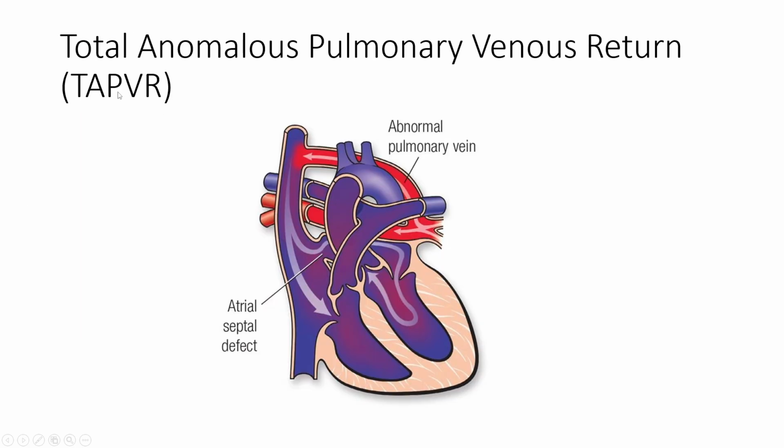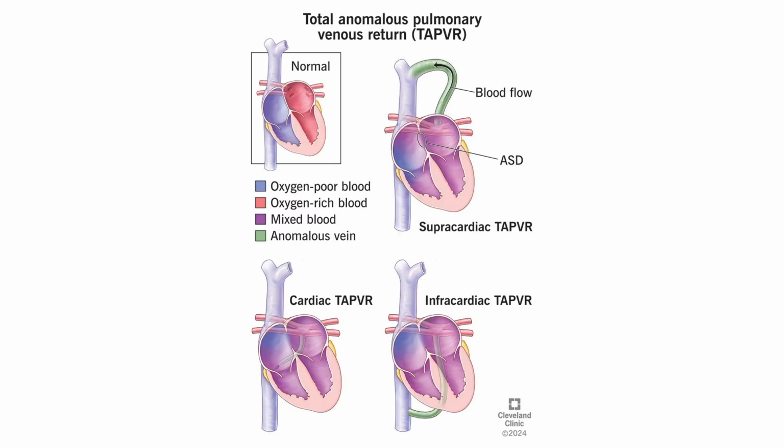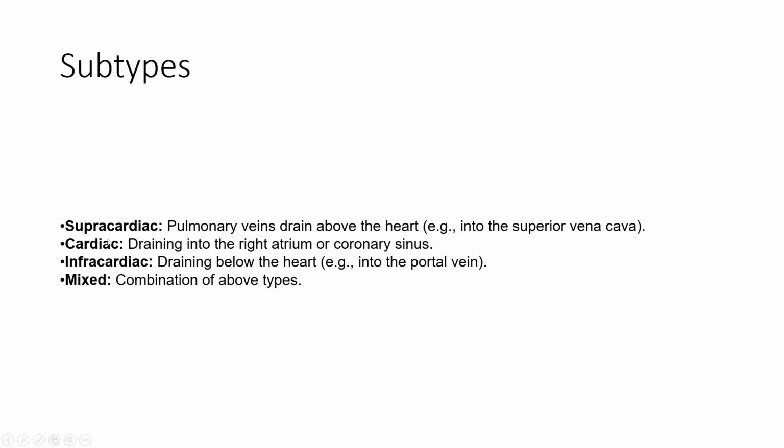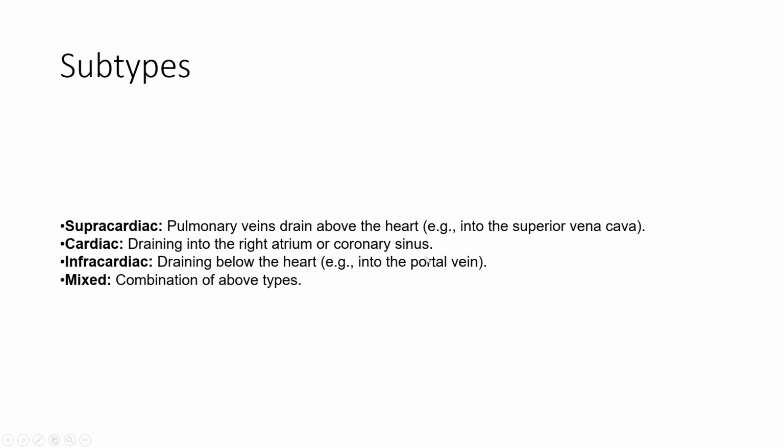Then we'll have total anomalous pulmonary venous return. We'll have actually subtypes for this one. I have some pictures. So first of all, the supracardiac. We'll have pulmonary veins drain above the heart into the superior vena cava, as we can see.